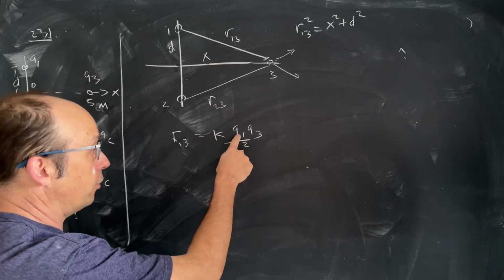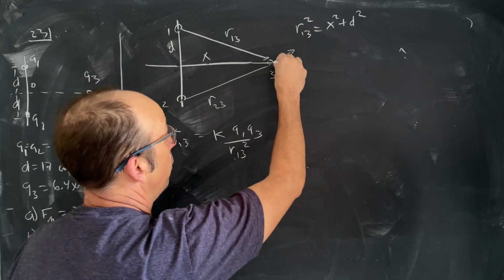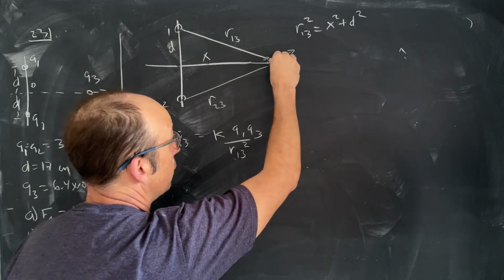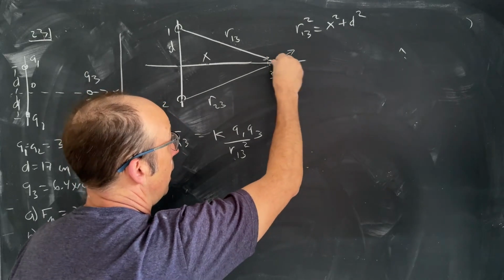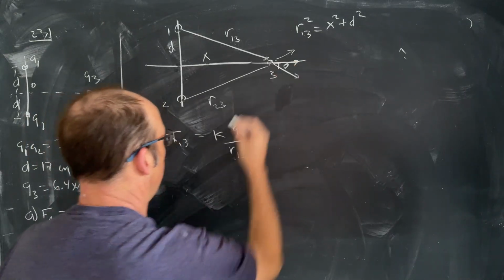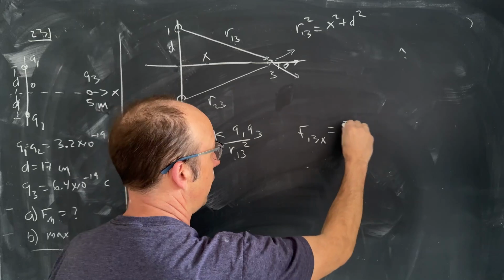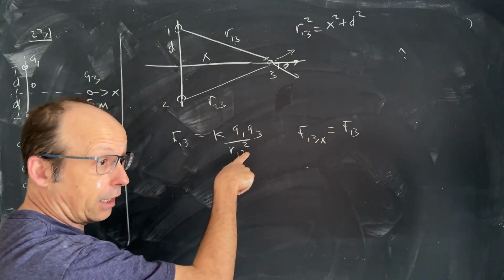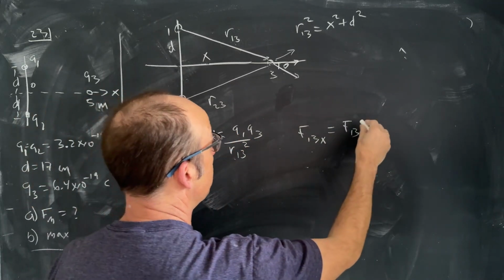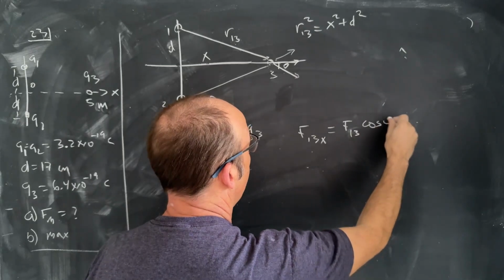Now, that goes right there. I know k, I know Q1, I know Q2, but what I want to find is the x component, right? Because I want to find this x component right there. So F13x, the x component, is F13, which I can find, I know everything there, times cosine of theta, right?